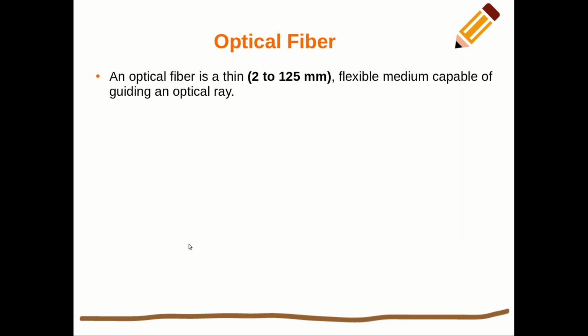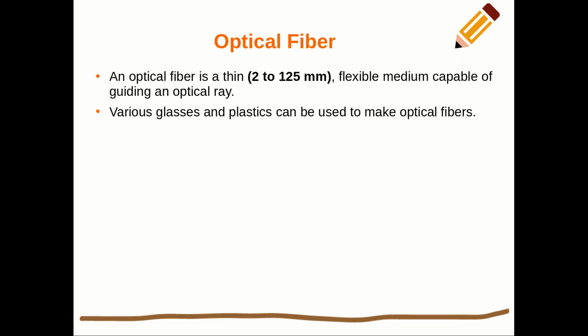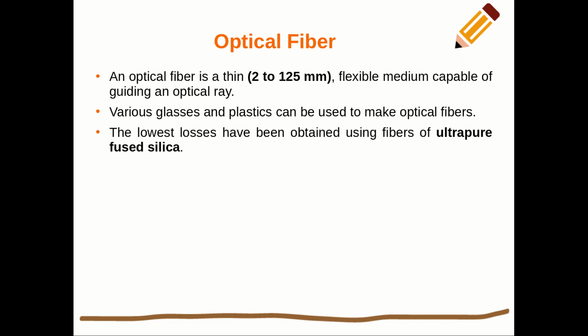An optical fiber is a thin, flexible medium, just like our hair, with a 2 to 125 micrometer thickness, capable of guiding an optical ray, a laser beam. Various glasses and plastics can be used to make optical fibers, and the lowest losses have been obtained using fibers of a material called ultra pure fused silica.